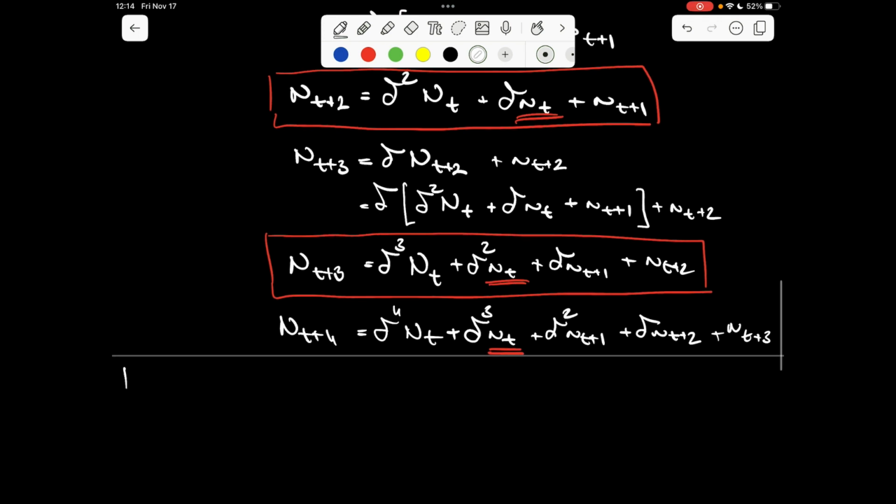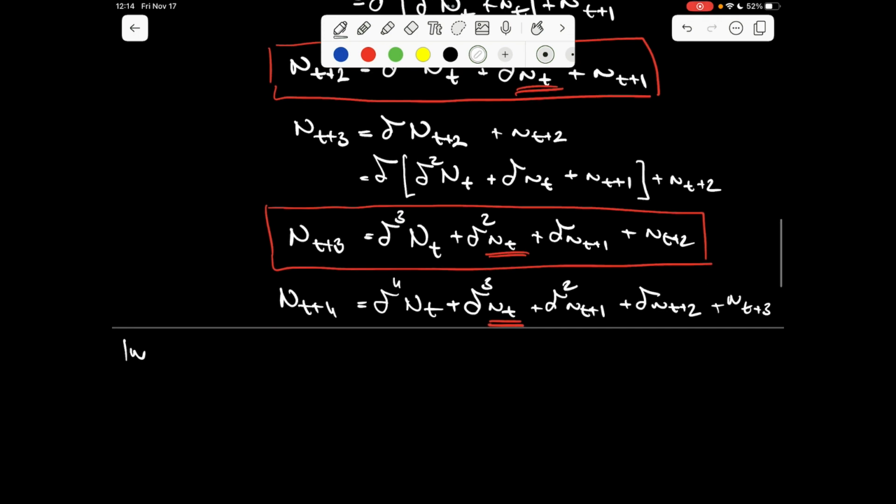And in general, so we have a pattern we can generalize. So following this pattern, we can forecast the labor force in any future period ahead of t. And please note, n t is here.